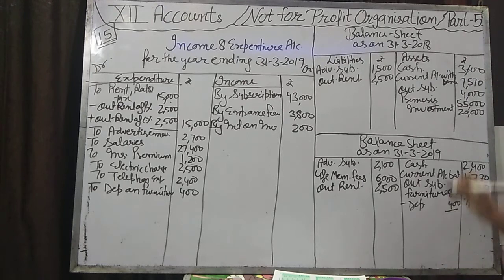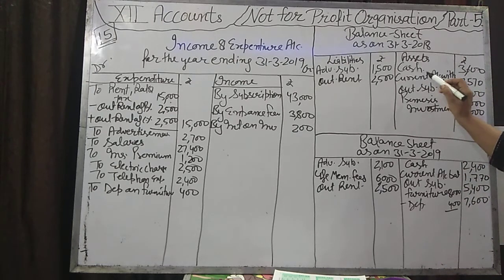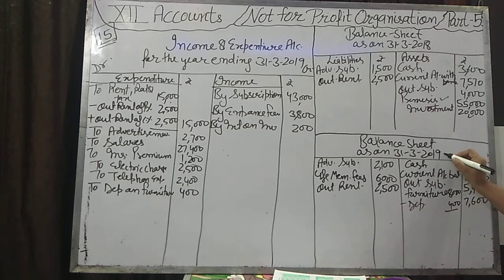Now see, previous year we are having premises and investment, and we haven't sold them. At the end of year on 31st March 2019, still we are having these assets. If we had sold them, then we would have received money.